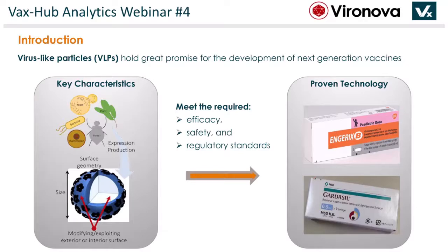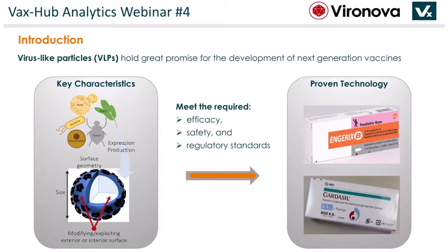They have highly organized and repetitive structures, which enables the induction of strong cellular and humoral responses. Their size is also very appealing. It ranges from 20 to 200 nanometers, which allows an effective cell penetration.